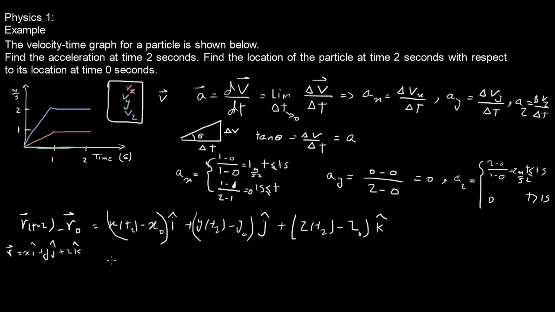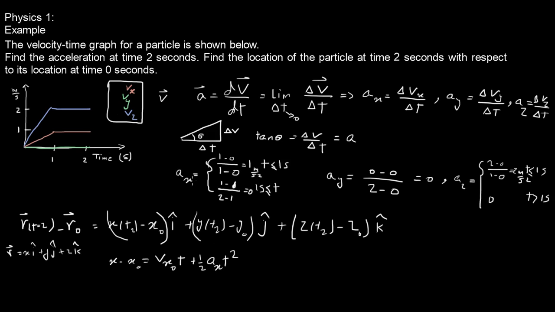So remember I had x minus x naught equals vx naught t plus half ax t square. Also remember that I said this equation is only valid if ax is always constant.